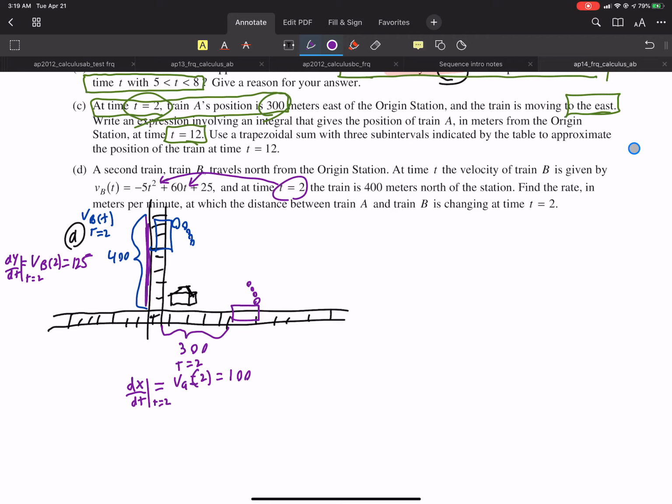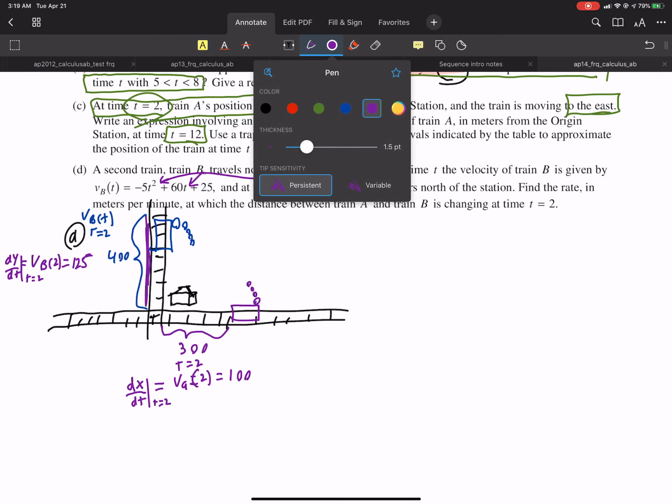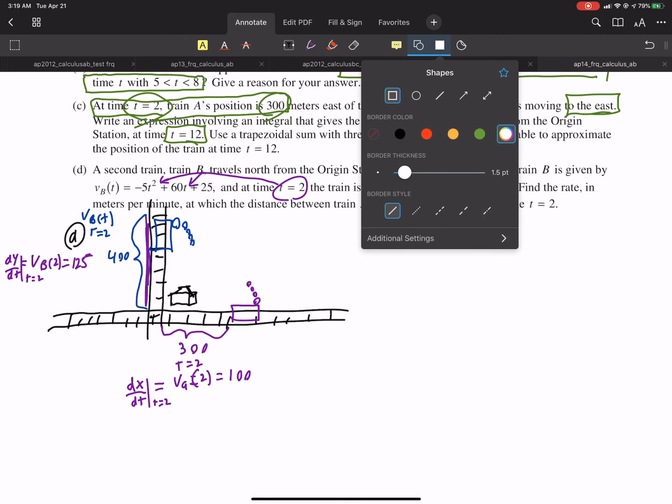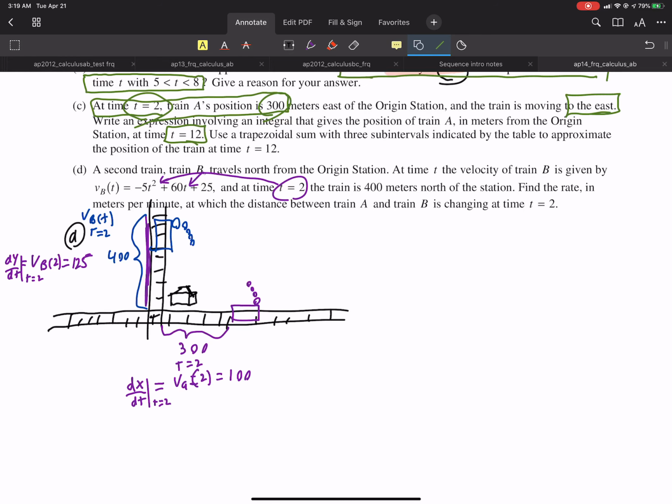And then here's what they want to know. Find the rate in meters per minute at which the distance between train A and B is changing. We need to define that, and let's make it green. I like green. So the distance between these two trains is that. What do you want to call that? I don't want to use D because that'd be d/dt.